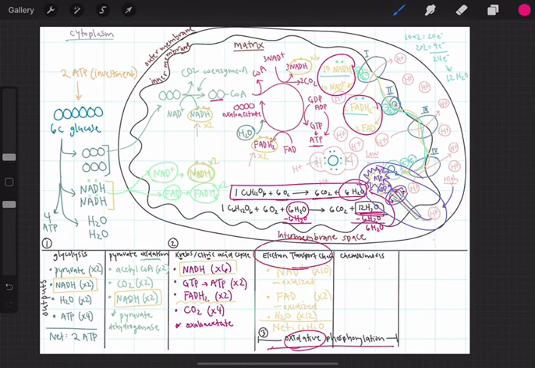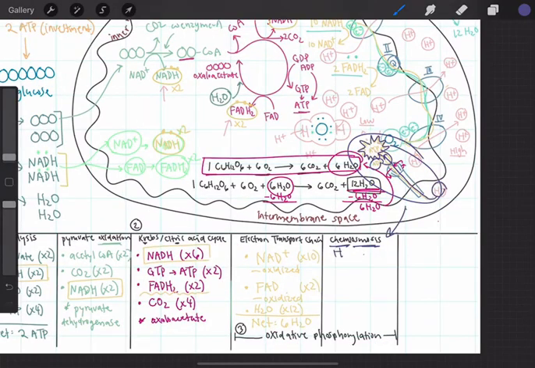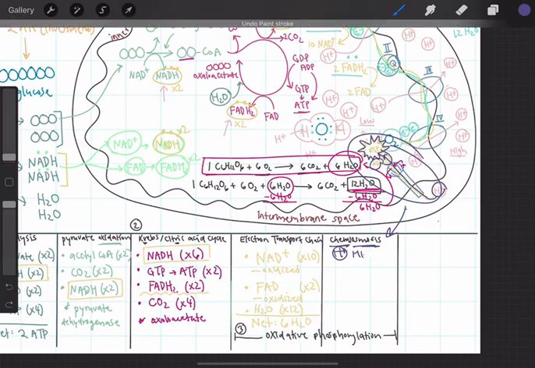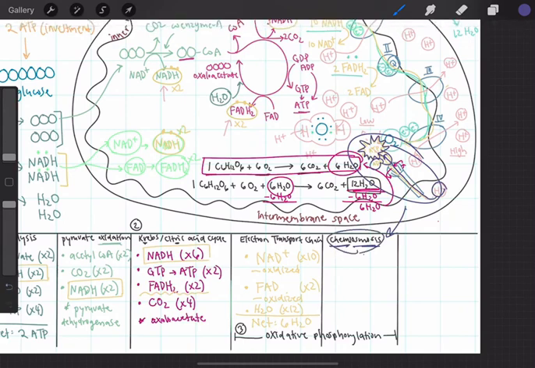The movement of these electrons down this chain is going to pump protons from one side of the membrane to the other. So that pumping from the matrix to the intermembrane space, resulting in an accumulation of these protons in the intermembrane space. Movement of protons from high to low concentration is the basis of chemiosmosis.